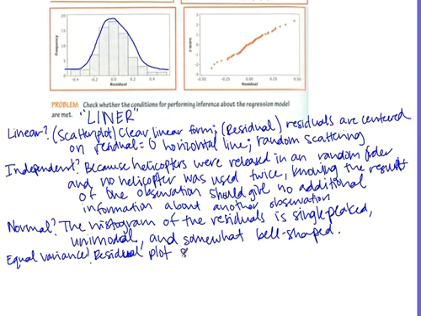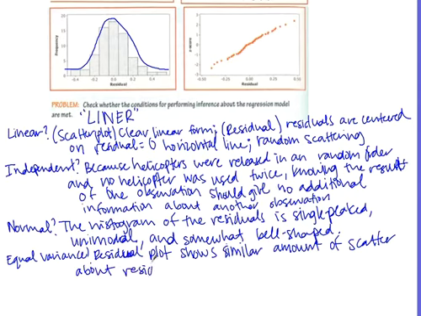So the residual plot shows a similar amount of scatter about the residual equals 0 line for the 152, the 203, 254, and 442 drop heights.